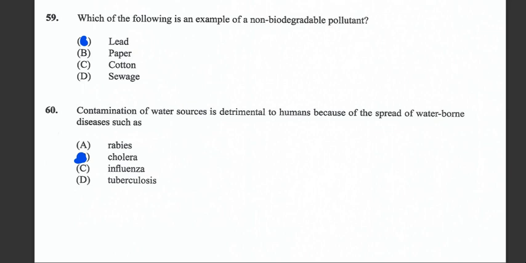Once the water is not clean, there will be contamination of the water, and then it could lead to cholera. Cholera is a disease that spreads where we have water contamination, and that could be very harmful to the human body. Therefore it's not good.